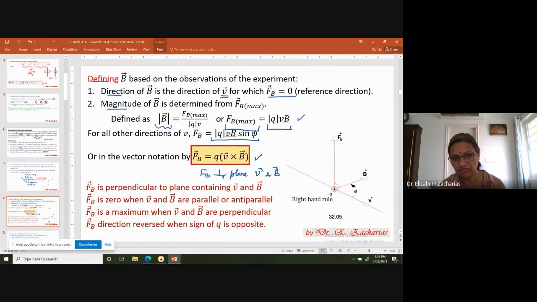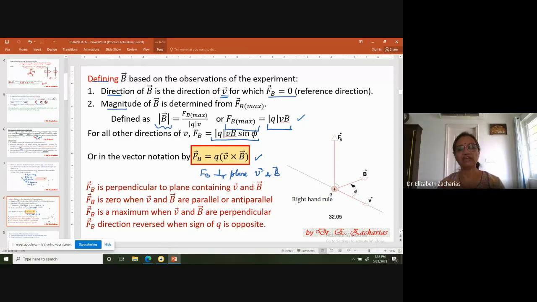Look at the direction of the thumb. The thumb gives you the direction of the magnetic force. You can see that FB is perpendicular to the plane containing V and B. But please remember, always go for the small angle.